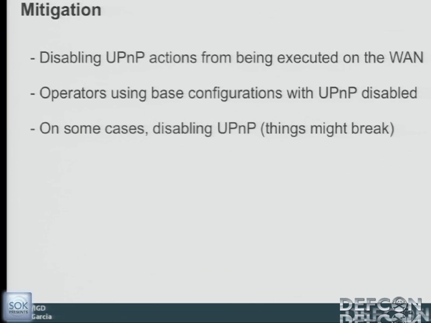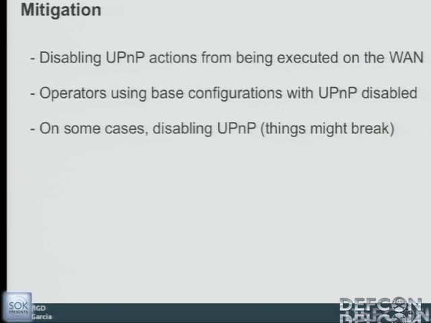And how do we fix this? I don't know. There's no real solution or the best solution. First of all, we need to get everyone to be aware of this and start configuring their devices for UPnP, only accepting the actions from the LAN side.